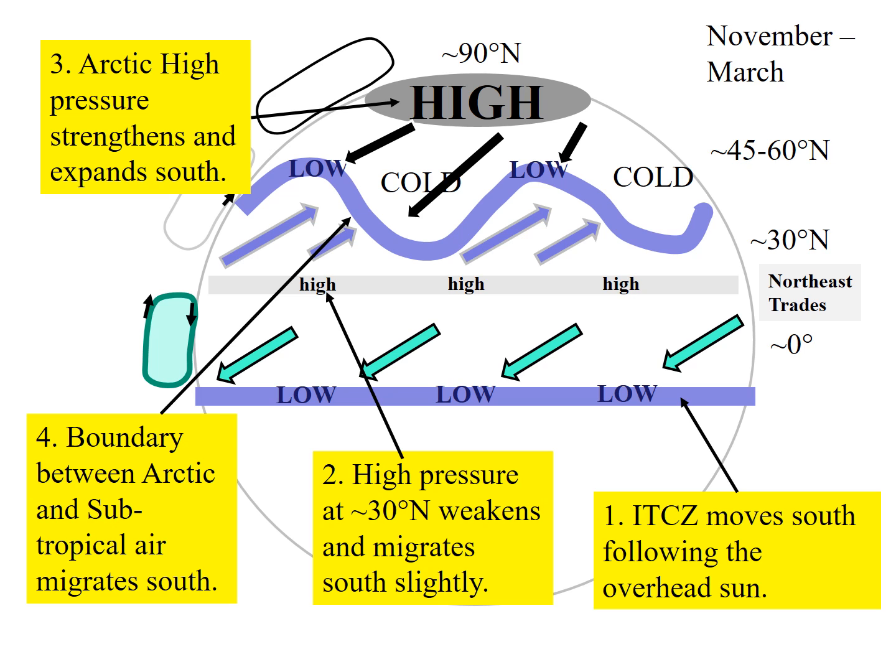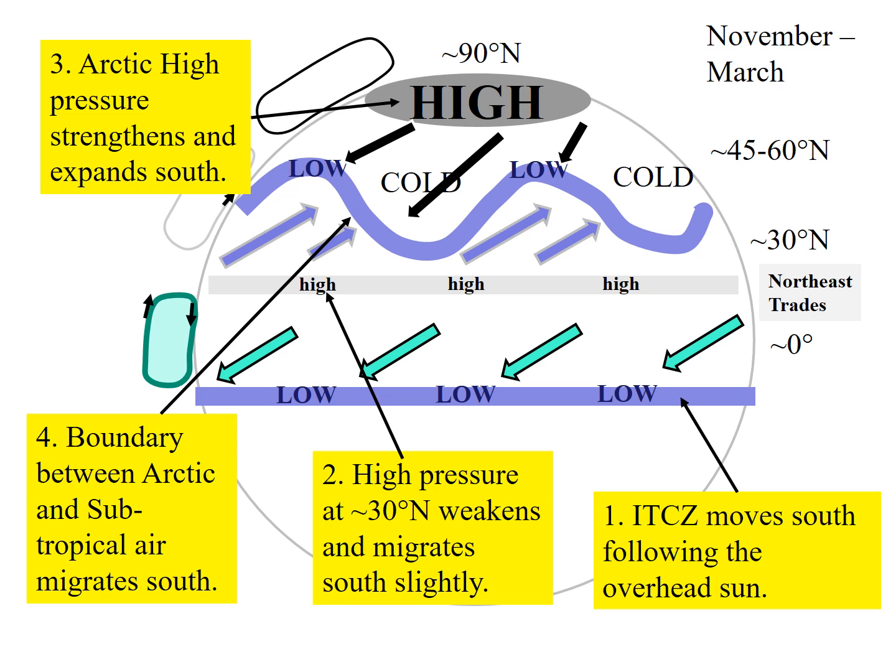Number 4 on this diagram represents a boundary between the Arctic air coming out from 90 degrees north and the subtropical air blowing out from 30 degrees high towards the north. Now this boundary line we sometimes call the planetary front. This boundary represents the balance between the strengths of the two high pressures, the Arctic high pressure and the 30 degree north high pressure.